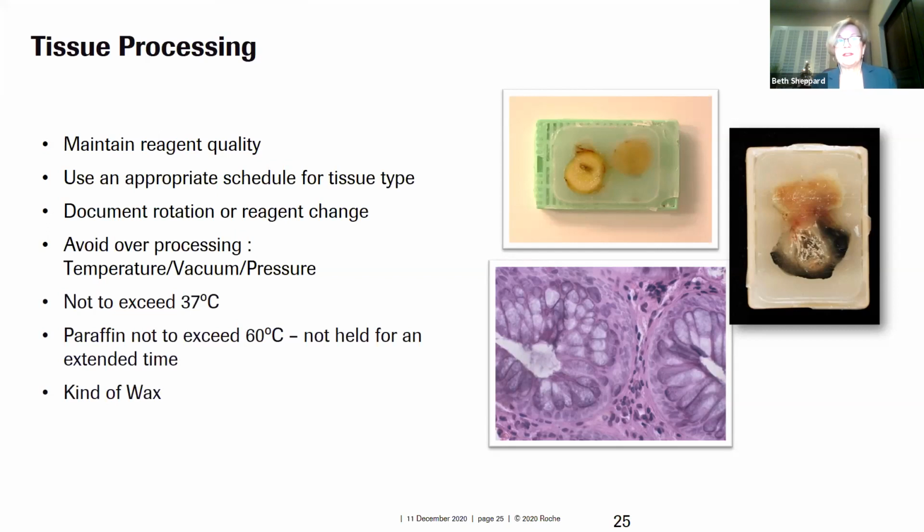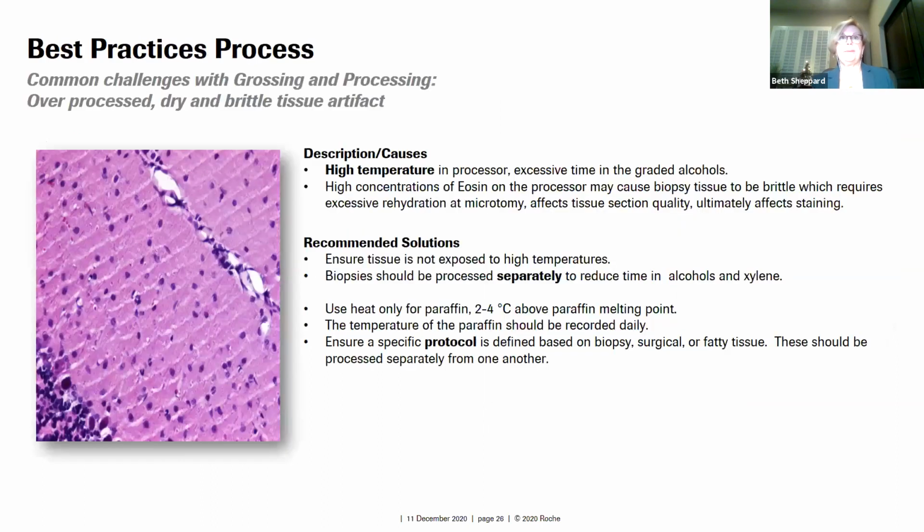Making sure the paraffin doesn't exceed 60 degrees and not held for an extended time, and making sure you're using the right kind of wax. There are different kinds of waxes out there, and a recommendation is one that has plastic in it also, which makes the ease of cutting.